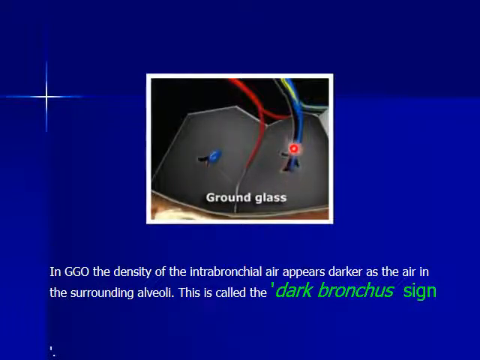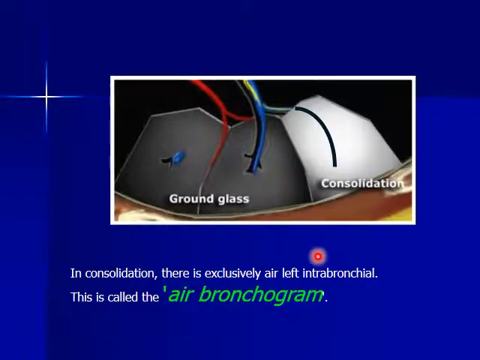You can see the vessel through it, or sometimes you can see the bronchus through it, which is called dark bronchus sign. While consolidation, you don't see vessel, but you may see the air in a bronchus, which is called air bronchogram, but take care.